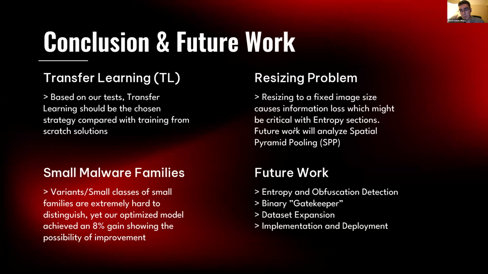However, we did identify a resizing problem. Forcing files into a fixed image size causes information loss, particularly in high entropy sections. Because of this, our future work will focus on exploring a paper called spatial period pooling to solve that issue.